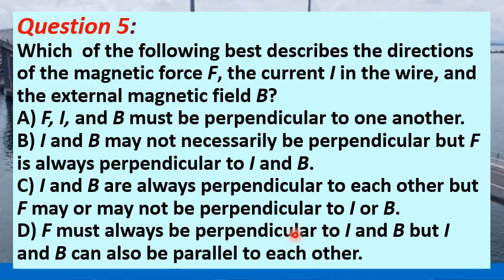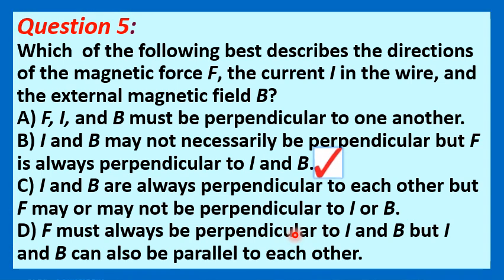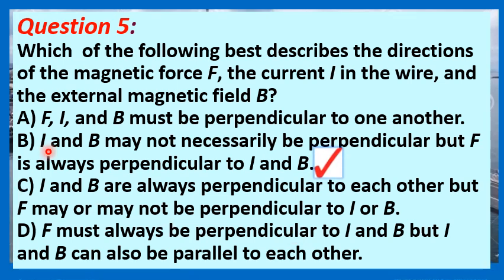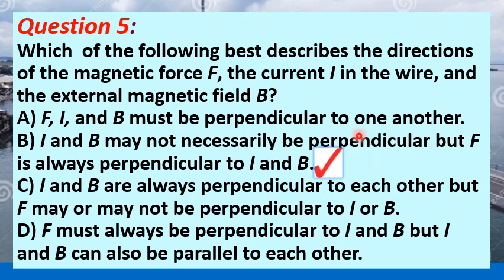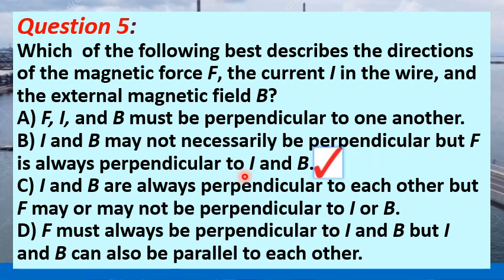The correct answer is option letter B. I and B may not necessarily be perpendicular, but F is always perpendicular to I and B.